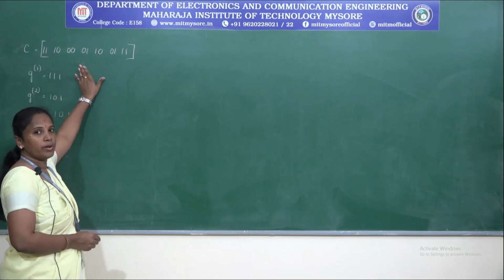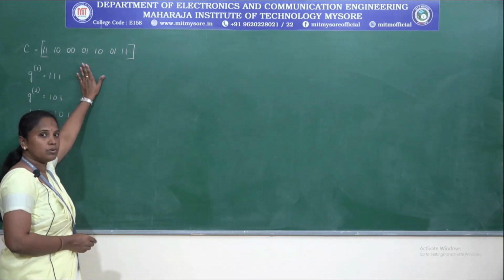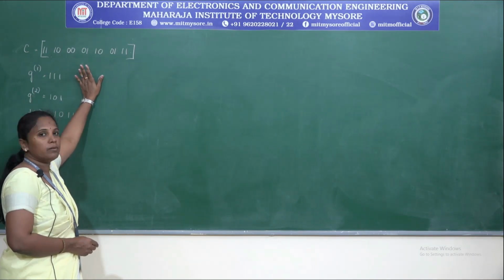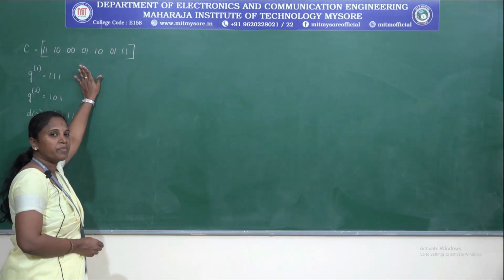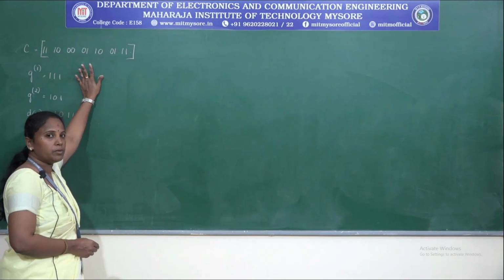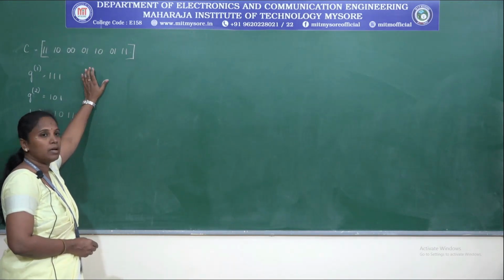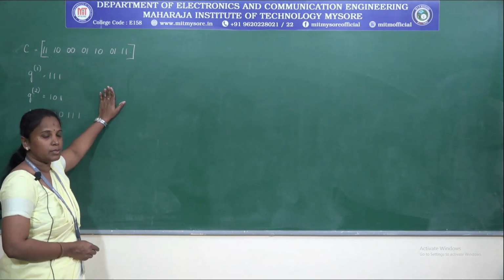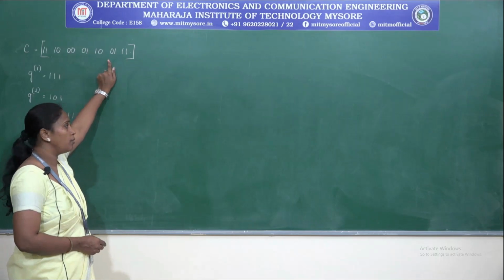Now we have to verify whether the code we have got from the code tree is correct or not, by verification with either the transform domain or the time domain approach. Let us consider the transform domain approach and verify whether we get the same code word.